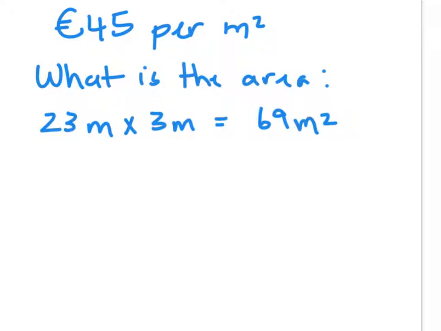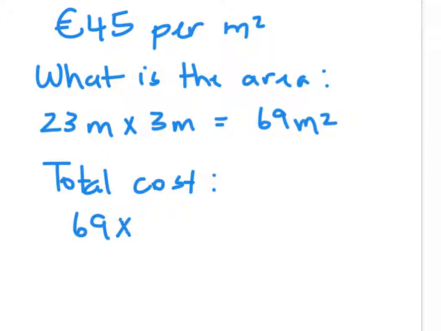So for total cost, we do 69 times 45. Okay, and that works out to be $3,105. Okay, and that can be got by using your calculator.